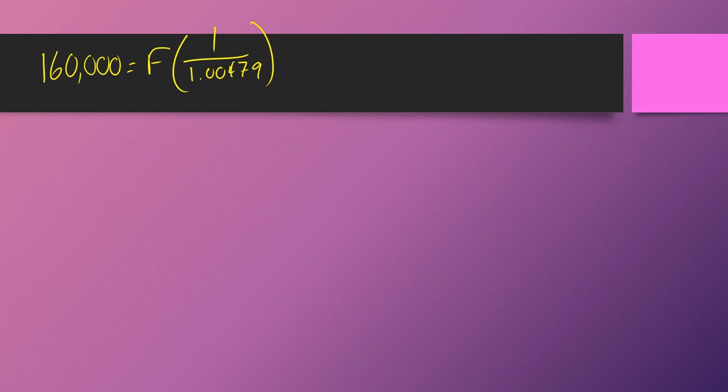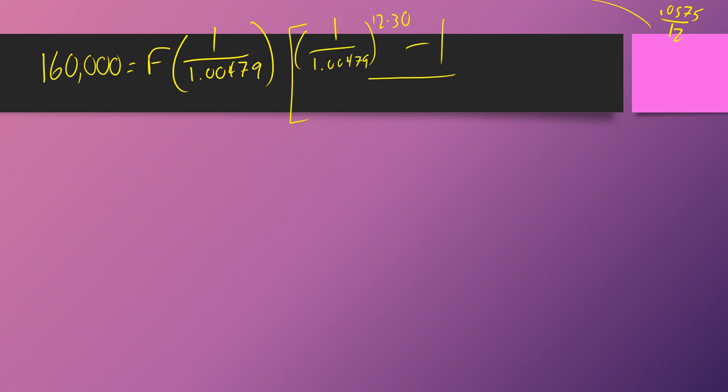Again, that's taken from, since it's monthly, the percentage 0.0575 divided by 12, and that's how we're getting this number. And that's being multiplied by 1 over 1.00479 to the t, which would be 12 times 30, subtracting that from 1, dividing it by 1 over 1.00479, subtracting that by 1.